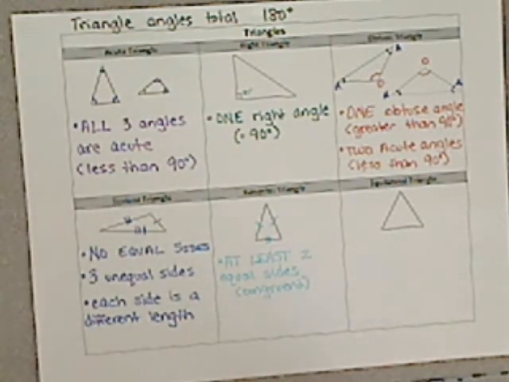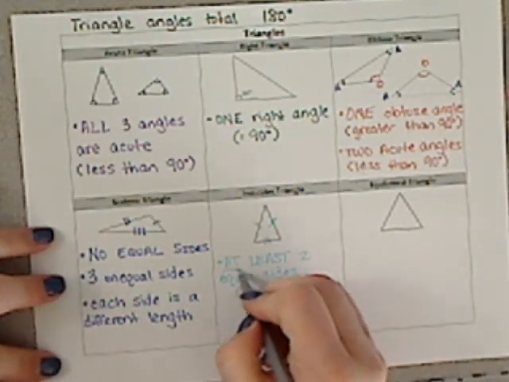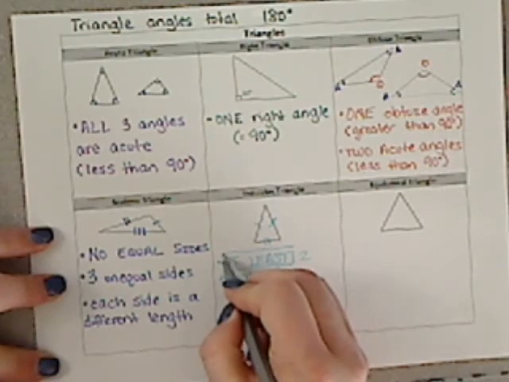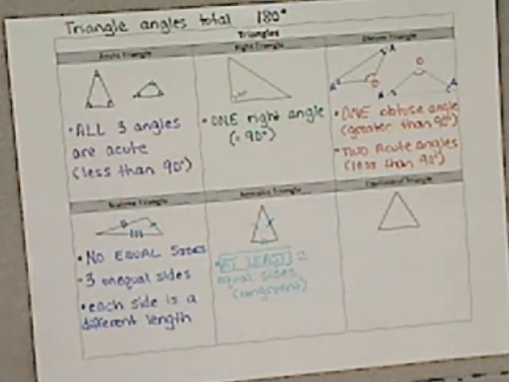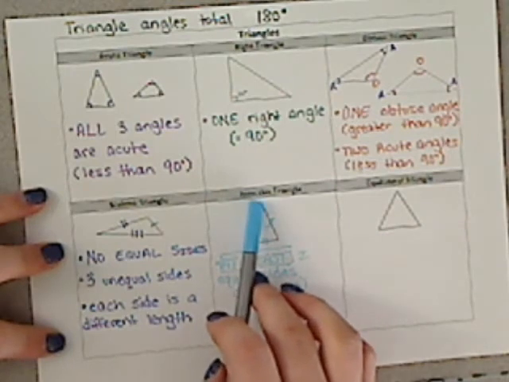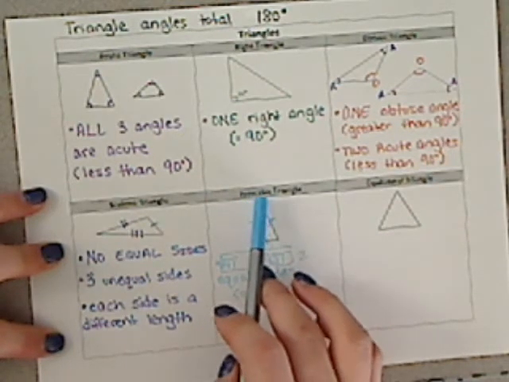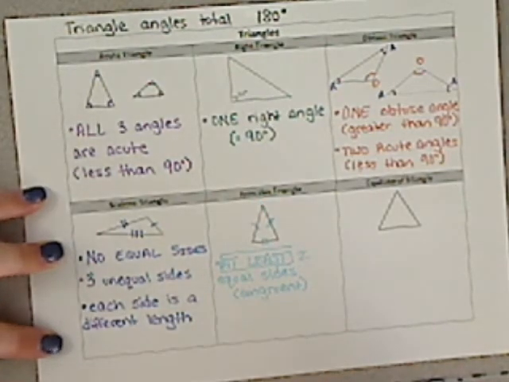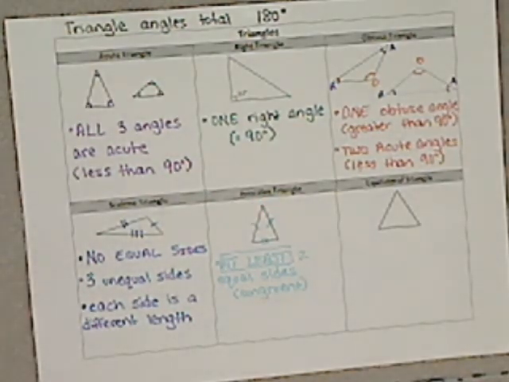Now, this "at least" is going to be very, very important. Okay. So an isosceles triangle has to have at least 2 sides that are equal. And I like to remember this because isosceles has 2 E's. So at least 2 that are equal. Okay. It's kind of a memory device that helps me.